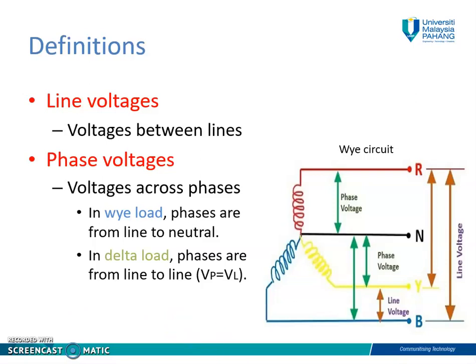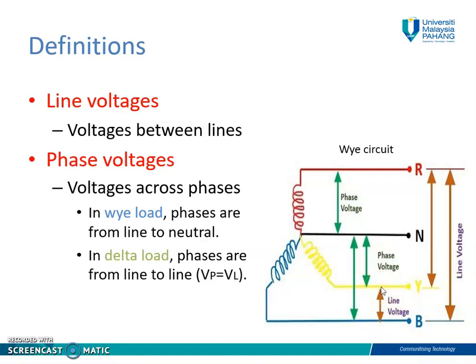You can see in this figure, we have line voltage here. So the line voltage is actually the voltage between any 2 live conductors. So for this one, from blue to yellow, this is the line voltage.